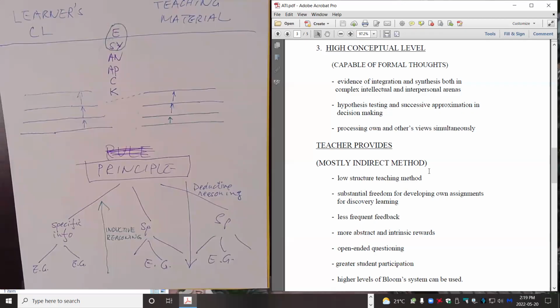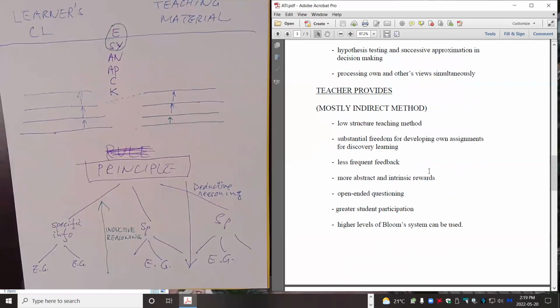Teacher provides, mostly of course, indirect method, discovery learning. Right? So low structure teaching material, because students are no longer operating with rigidity. They are quite good now.